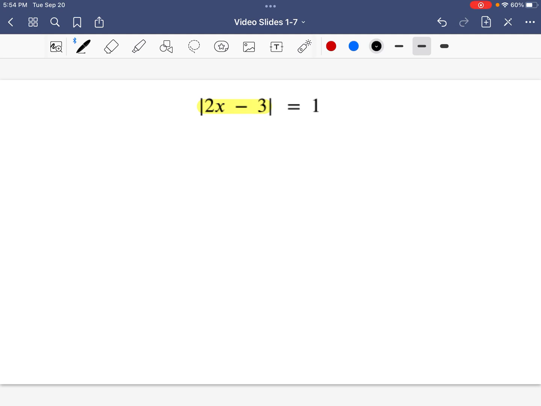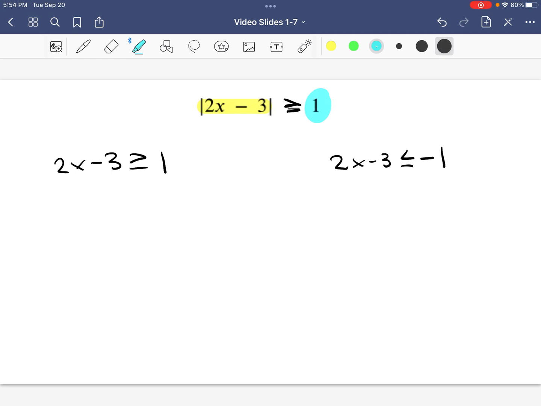I'm going to do 2x minus 3 greater than or equal to 1, or 2x minus 3 less than or equal to -1. Remember, I do the opposite of this, so I have to do the opposite of that. That's where I'm getting those -1 and less than or equal to. Now I just am going to solve like I normally would.